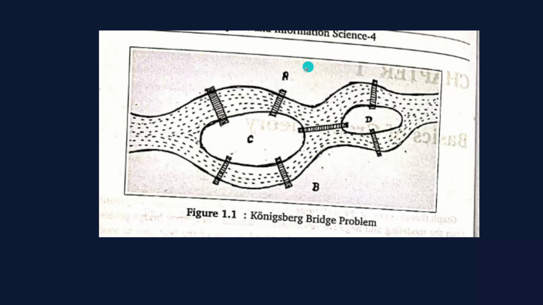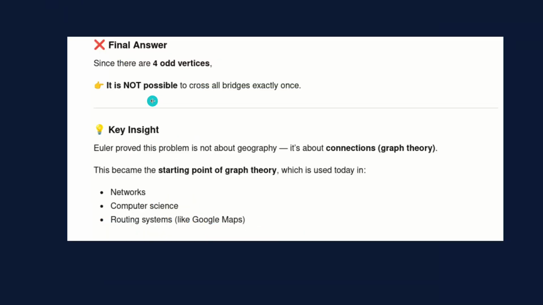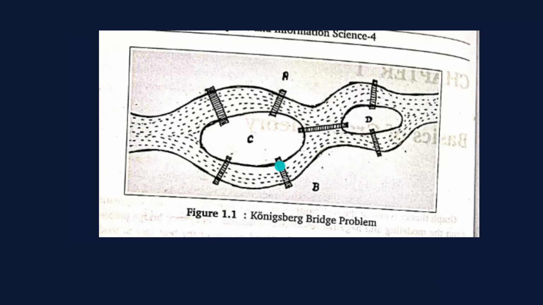Here if you see, A has 1, 2, 3 bridges. So the degree of this land area A is 3. Similarly B has 1, 2, 3 bridges connected to it, so its degree is also 3.